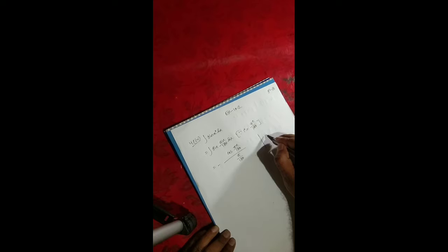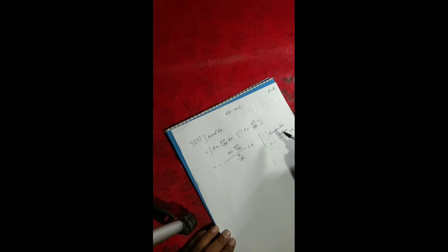The formula: integration sine ax dx is equal to minus cos ax by a plus c.